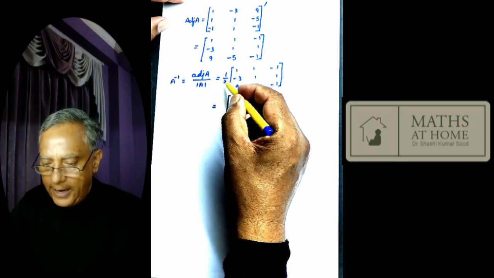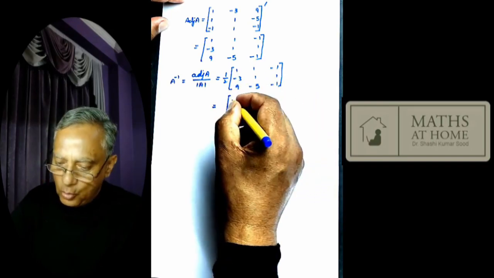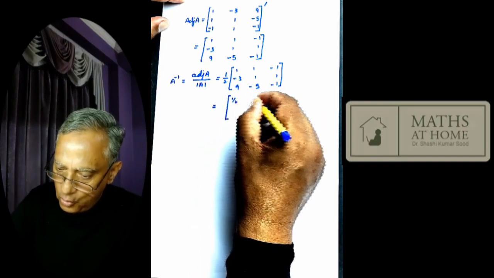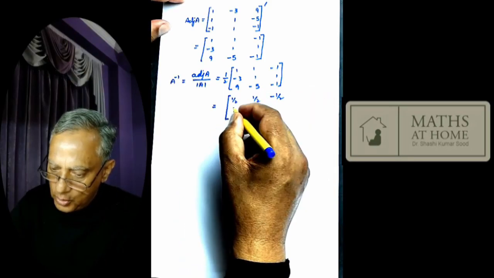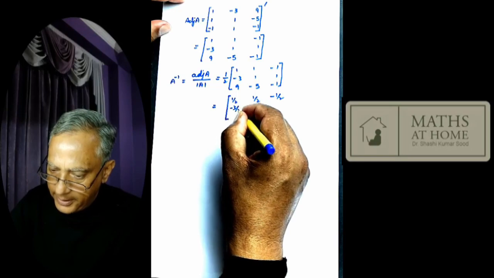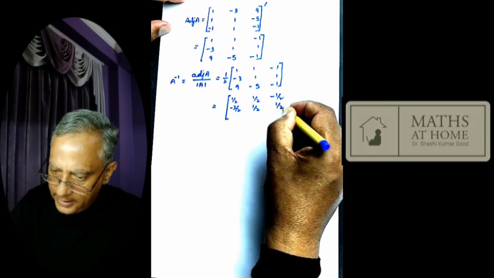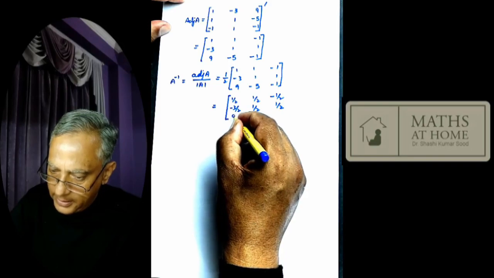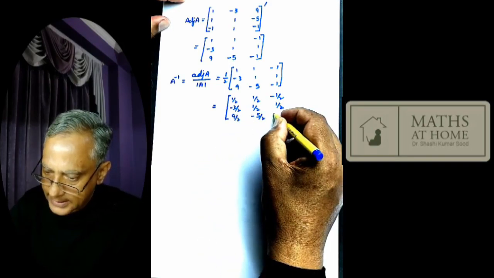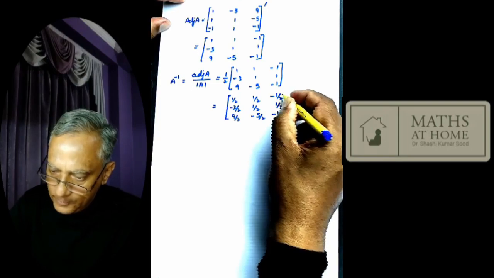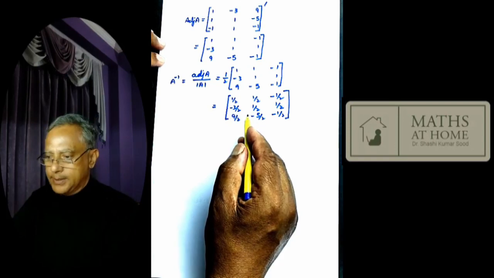So we divide each entry of this matrix by 2, and we get 1 by 2, 1 by 2, minus 1 by 2; minus 3 by 2, 1 by 2, 1 by 2; and 9 by 2, minus 5 by 2 and minus 1 by 2. So this is the required inverse.